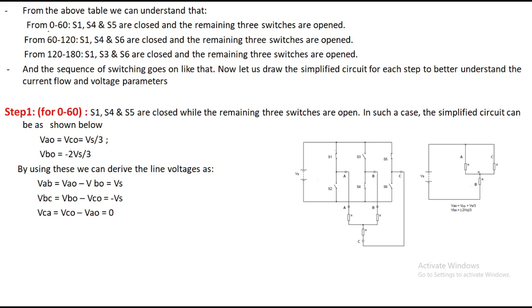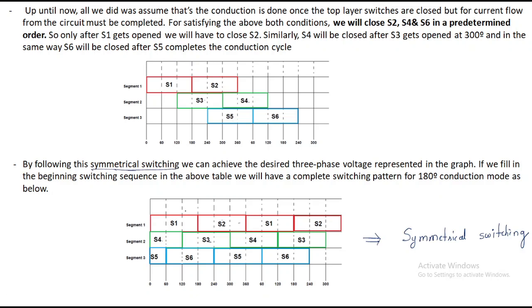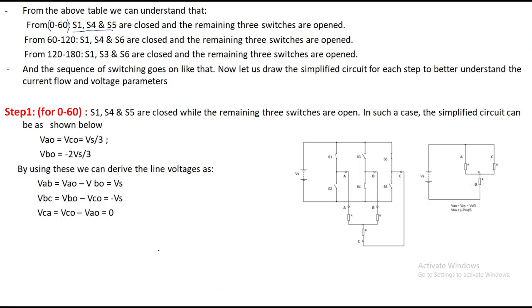So from the above table we can understand that from 0 to 60 degrees time, S1, S4, S5 are closed. Look at here. The S1 switch is closed, S4 switch is closed, S5 switch is closed.